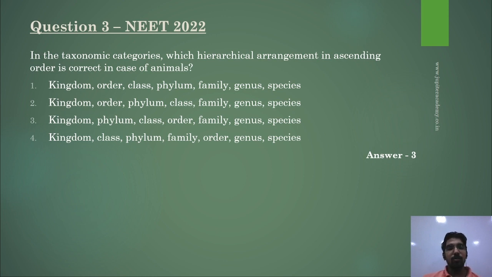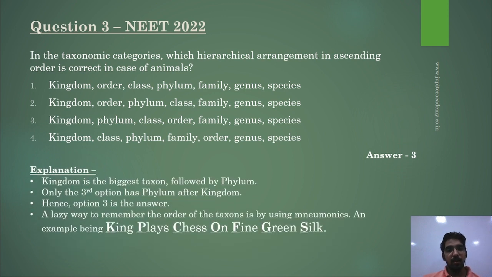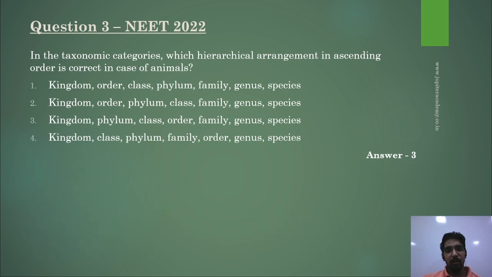So how do we remember this order? There are different ways. First of all, in order to solve this question, you know that the phylum is the second biggest taxon. With kingdom and species we cannot deduce what the answer is, so we go to the next position. After kingdom, what comes?